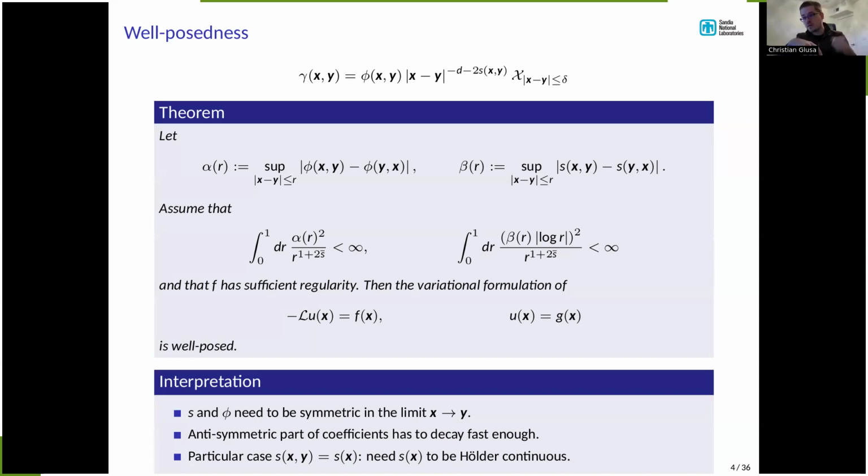Now, in particular, what that means for the case where, say, the fractional order only depends on a single variable, where it only depends on x, is that you need some amount of Hilbert regularity on s.